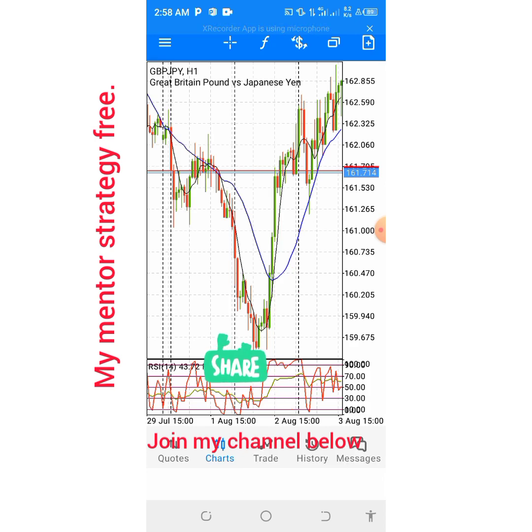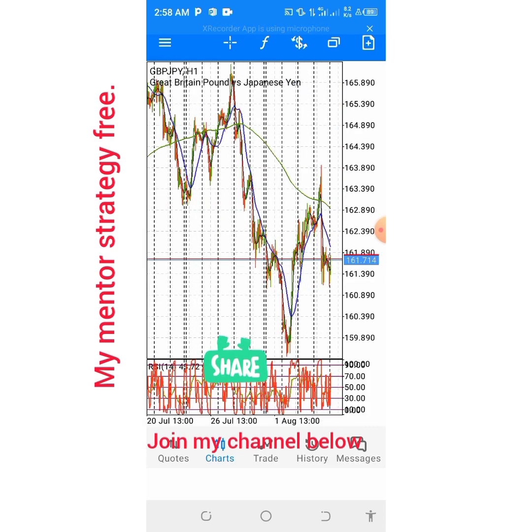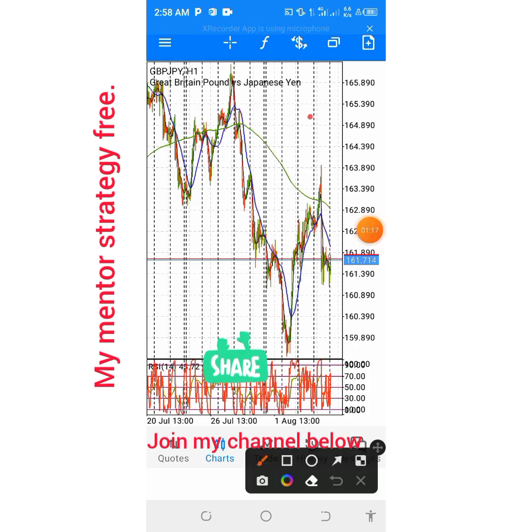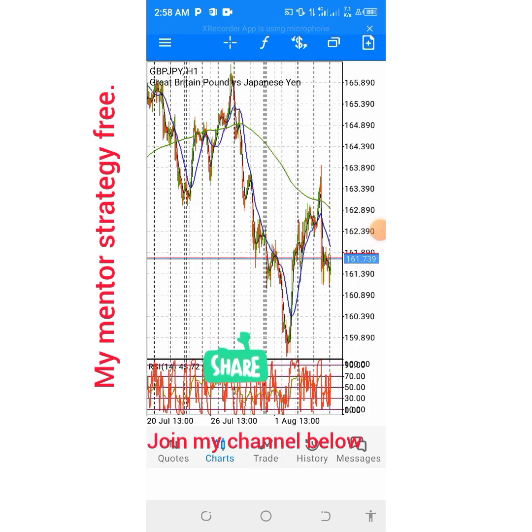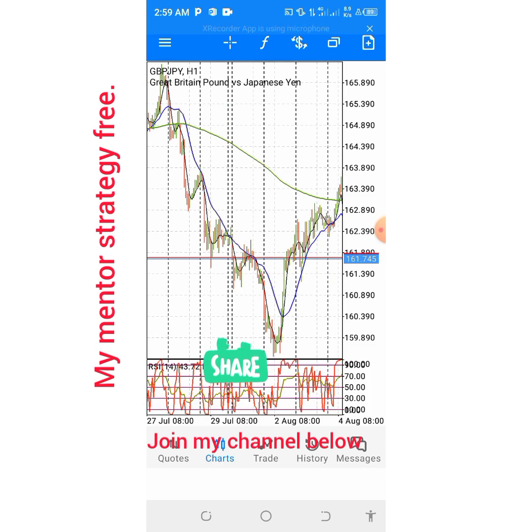Then another thing is make sure you put your 200 SMA, also apply to close. So these are the three things you need for this transaction. Now, how do we trade it?